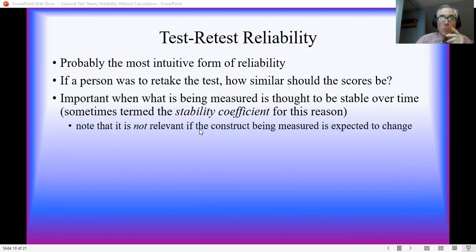So this is very important to the extent that you're measuring something that's supposed to stay about the same. I'm an adult. My height is not expected to change dramatically over the next 6 months or a year. So if you're measuring my height with some device or other, you would hope that you would get pretty consistent results from occasion to occasion.